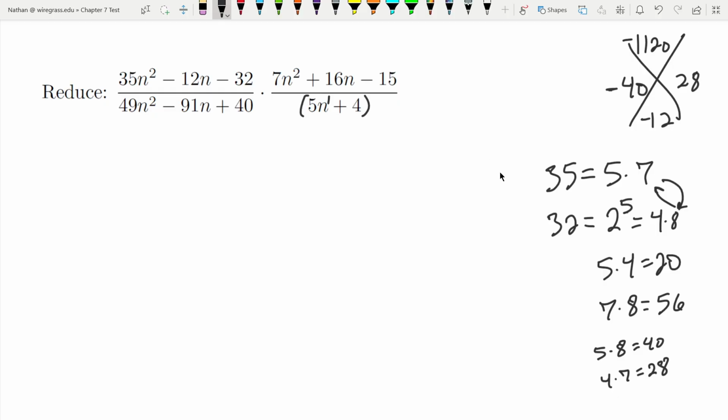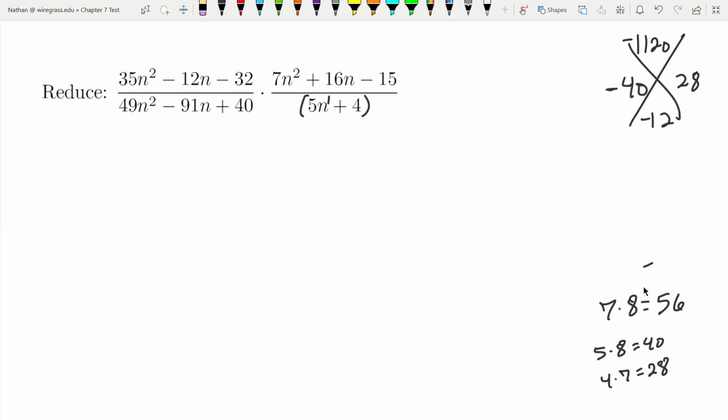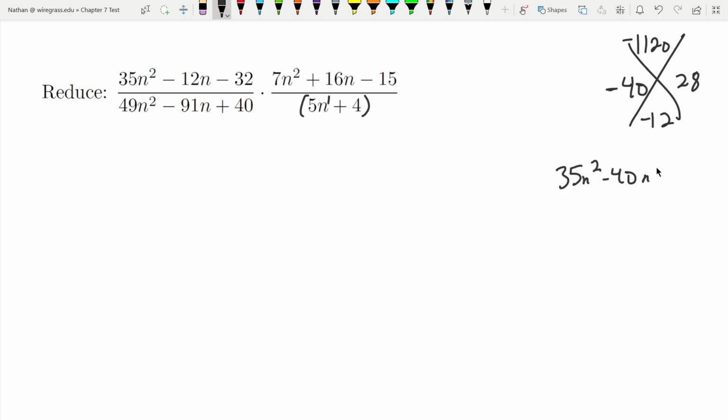Okay, so now I can do the AC method. Let me just make some space here. The AC method on this quadratic here is going to be 35n squared, then minus 40n, plus 28n, and then minus 32.